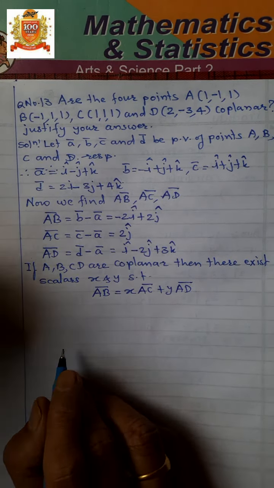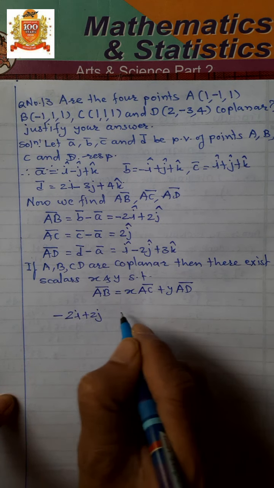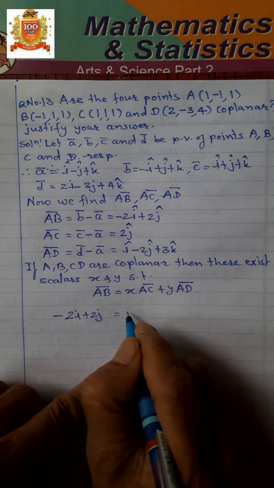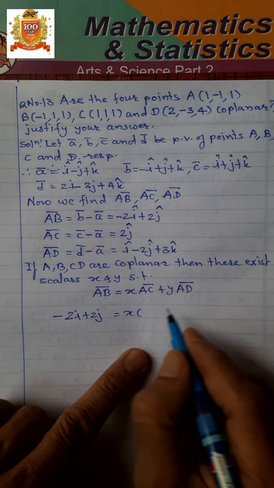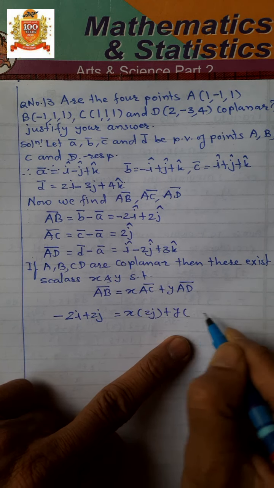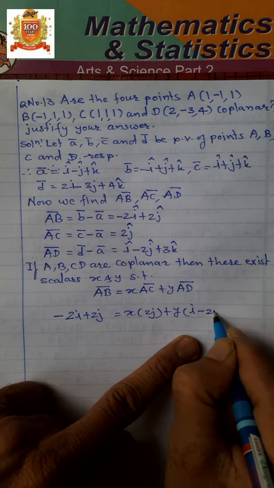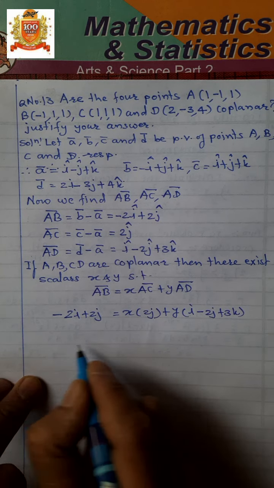So put the values: minus 2i plus 2j is equal to x in bracket 2j plus y in bracket i minus 2j plus 3k. Isn't it?